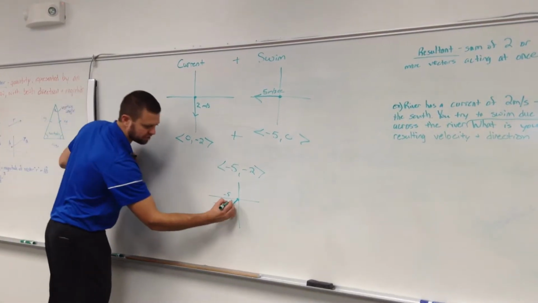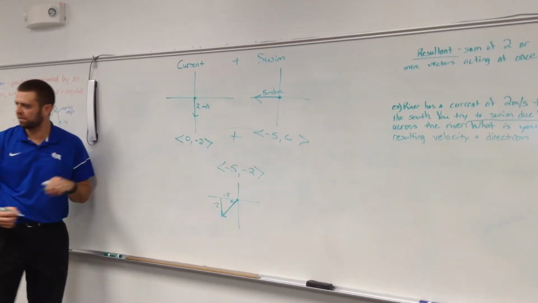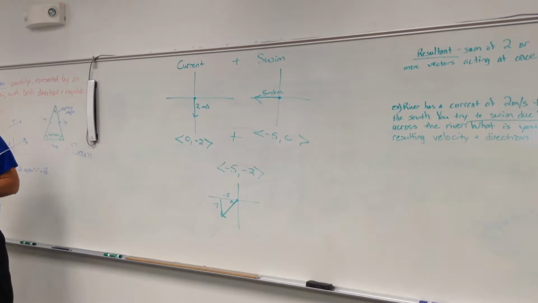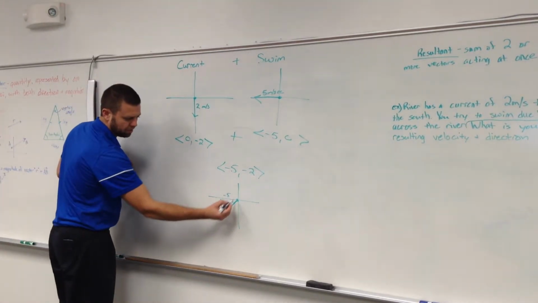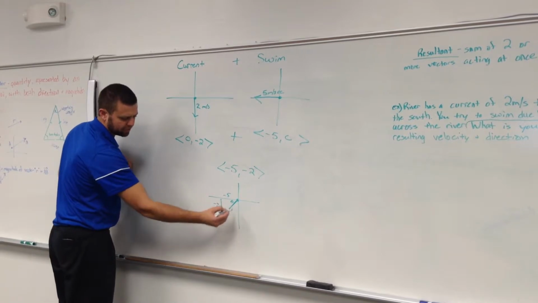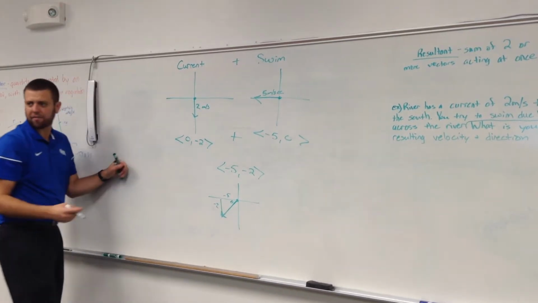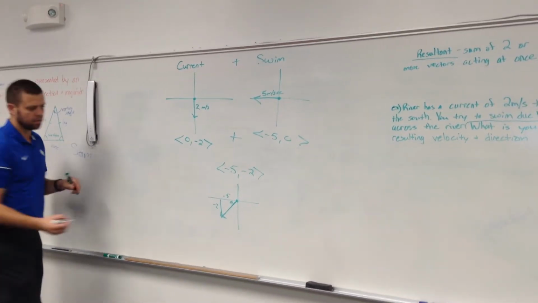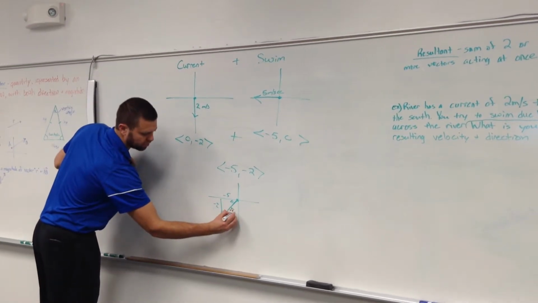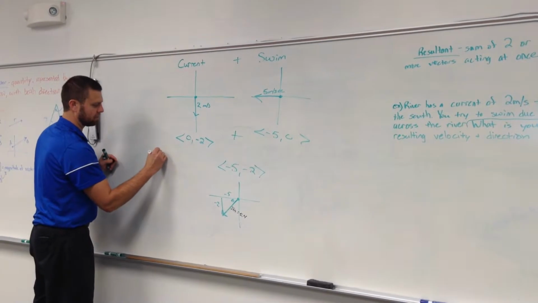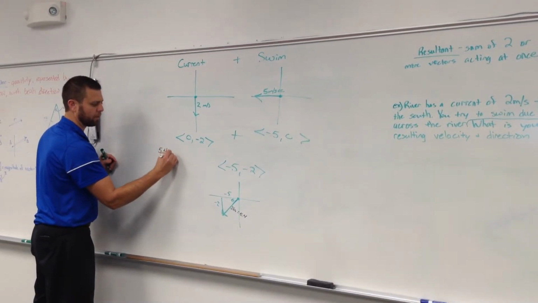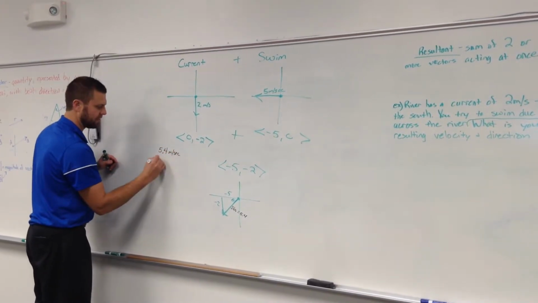Find my direction using inverse tangent. So my magnitude, 25 plus 4 is 29, so the square root of 29, or about 5.4. So my resultant velocity is 5.4 meters per second.